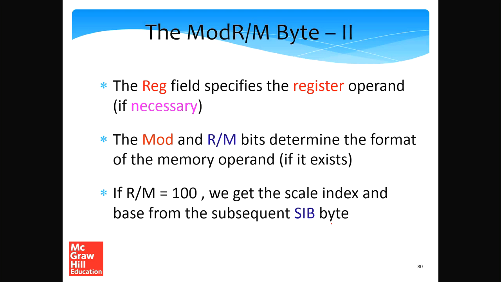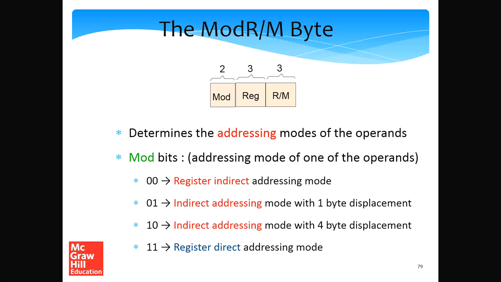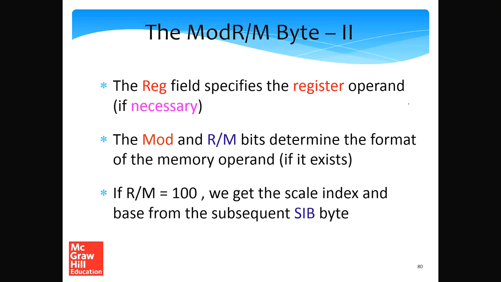So let's go back to the slide. In this case, if the R by M bits are 100, this register remains as is, we'll not touch this, but this tells the processor that an additional SIB byte follows and to read the scale, index and base registers from the SIB byte, and depending upon the mod there can be a displacement as well.